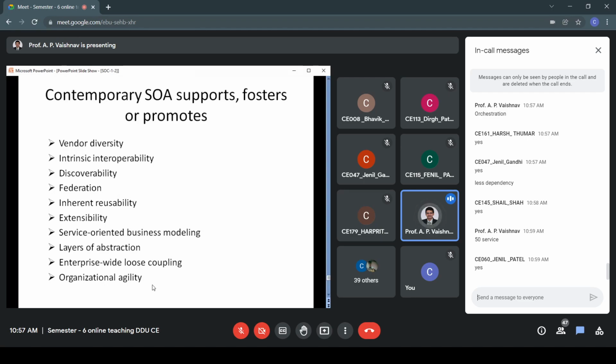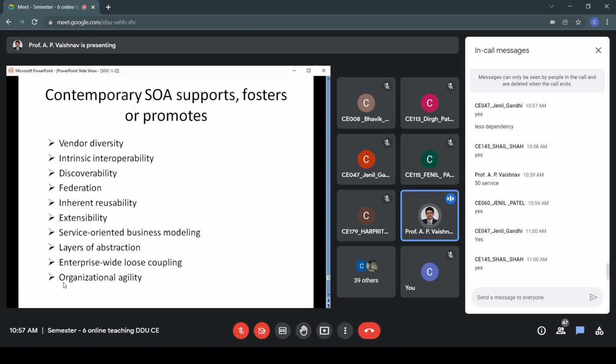Now, the last term is known to you actually. You know what agility is, right? Agility means we should be able to respond to changes as quickly as possible. So when I satisfy the above principles, vendor diversity, interoperability, federation, and so on, then only in the end will my organization be agile.